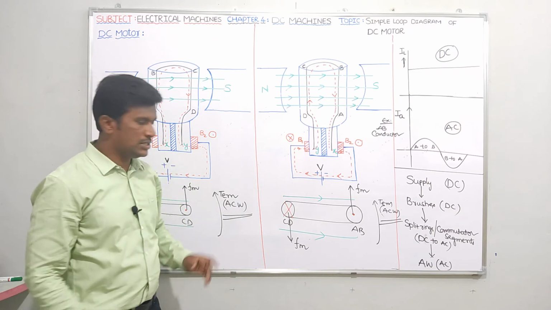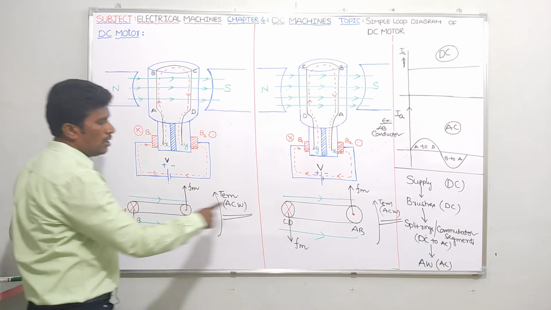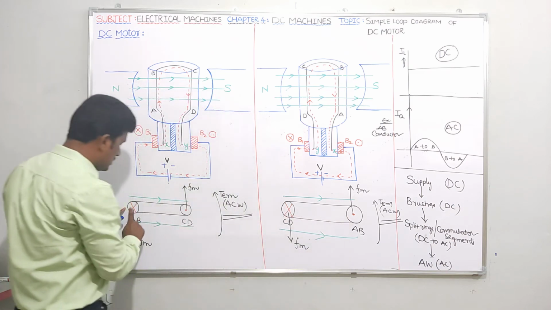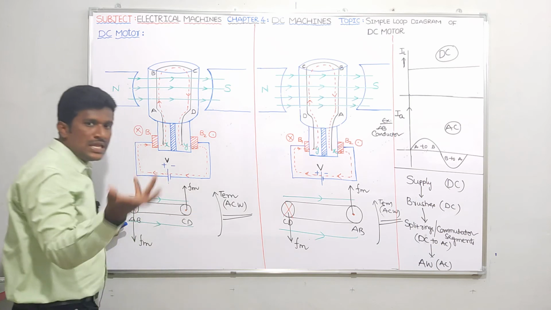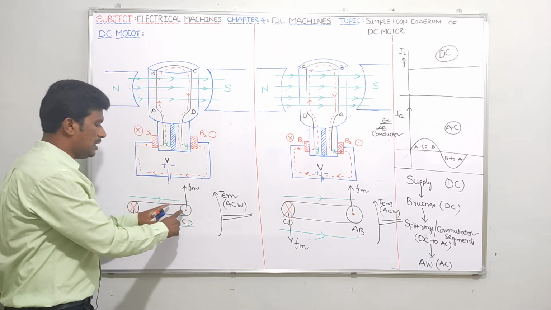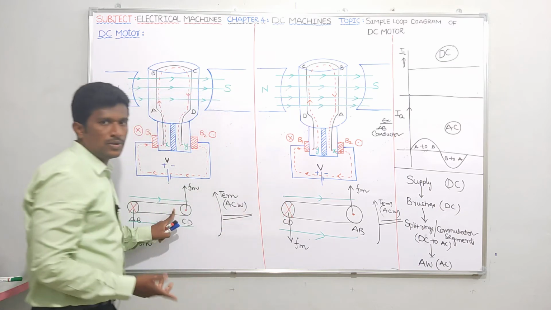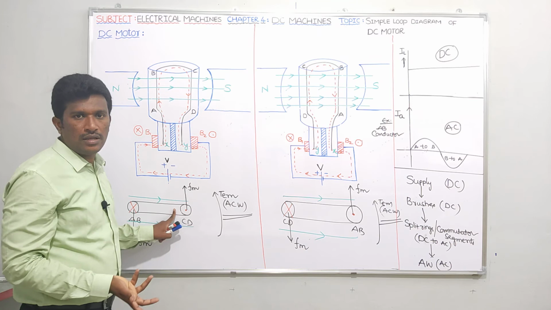If you have doubt, you can check. Suppose AB previously is cross. Now here AB is dot. That means cross is changed to dot, which means AC supply entered the armature winding. Take the CD connector also. CD initially is dot. Now it is cross. Dot is changed to cross. Once again AC supply entered the armature winding.